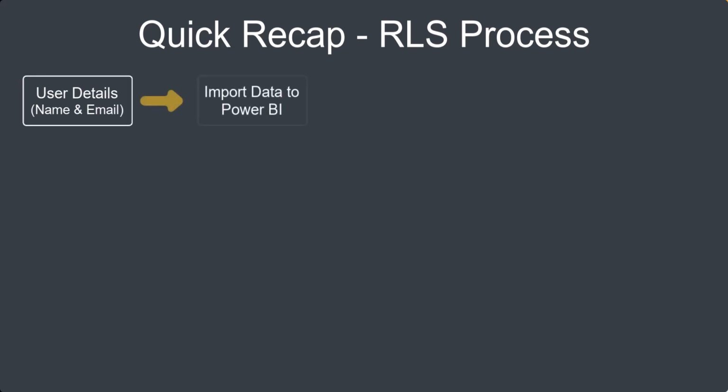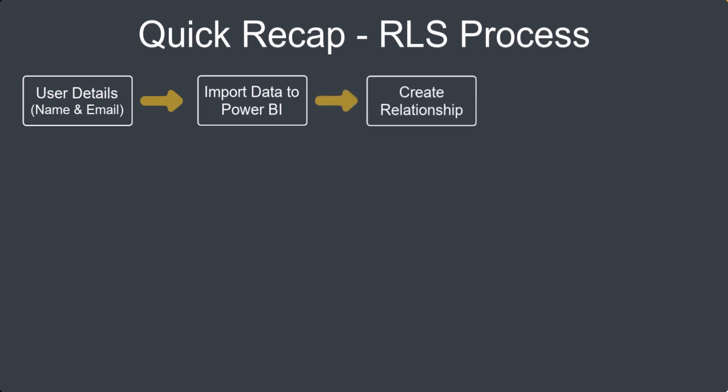Here is the quick recap of the process. First, you require user details, name and email address, and then you need to import the data. Then you need to create a relationship between the primary data and the one which you have imported. Then you need to configure row level security.